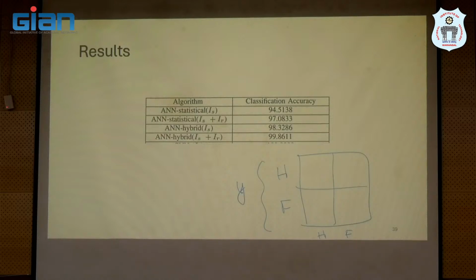If I am throwing 100 data points of healthy data, only 90 times my prediction gets it. 10 times it says it is faulty. So that means 90 times true positive, 10 times true negative.